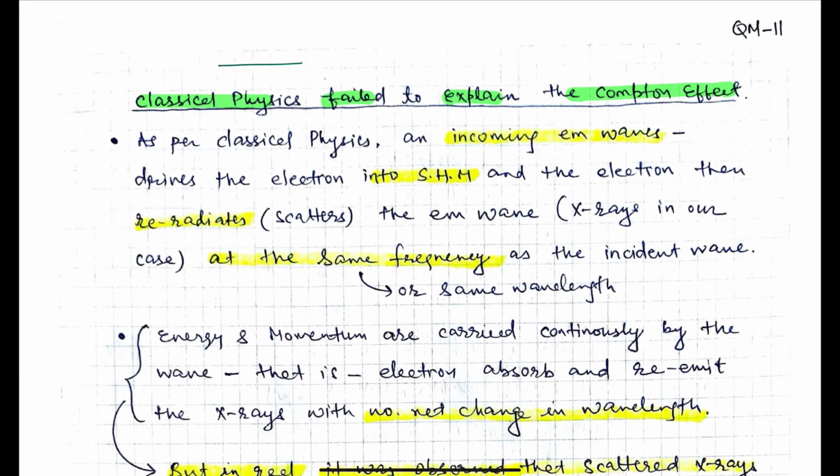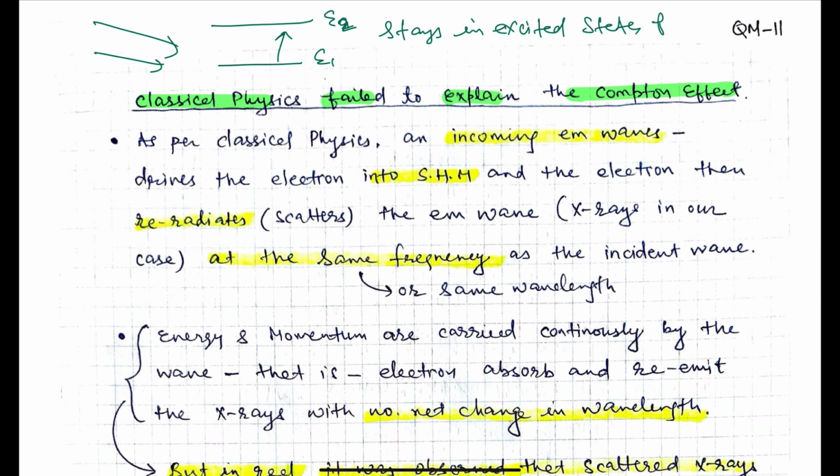Suppose that the electron is in this energy level E1, then whenever you throw radiation on it, it will move to E2. But once it has moved, it stays in the excited state for very little time, and thus it comes back to E1, and to come back it will have to shed off or leave the extra energy.